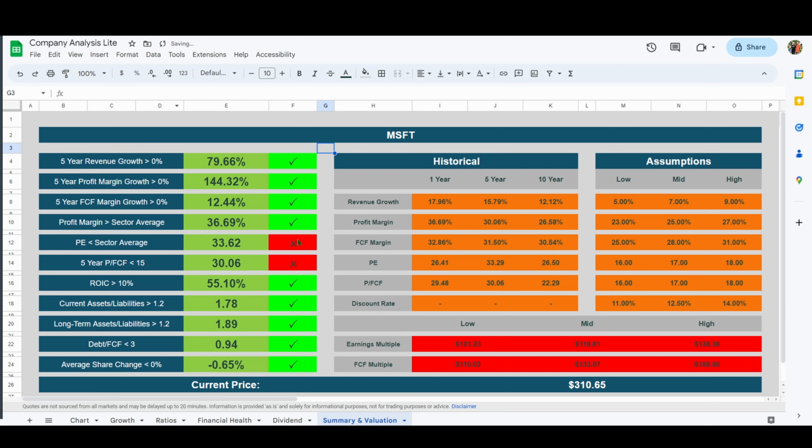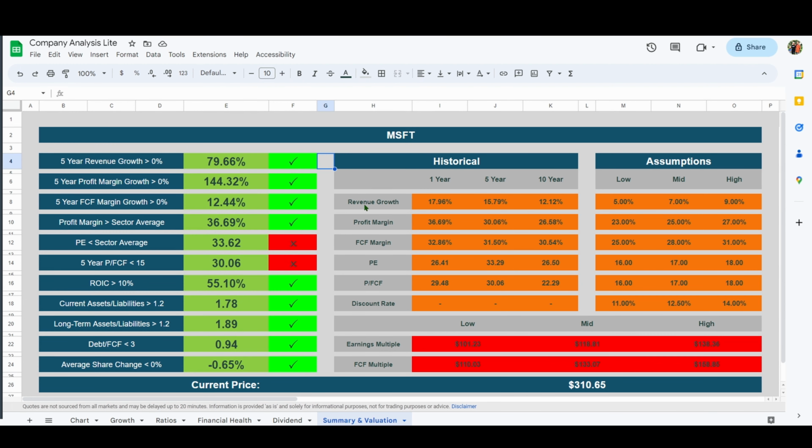And then these two X's here are just that the PE is smaller than the sector average, and that the 5-year price of free cash flow is lower than 15. So of course Microsoft is very overvalued according to PE and price of free cash flow. So that's why those two are X's. Now you can go through the rest here on your own. I don't think it's that complicated. It actually is written right in the first column.